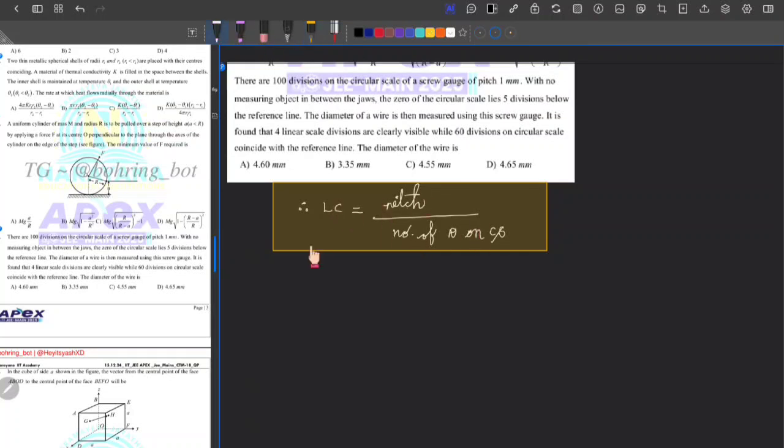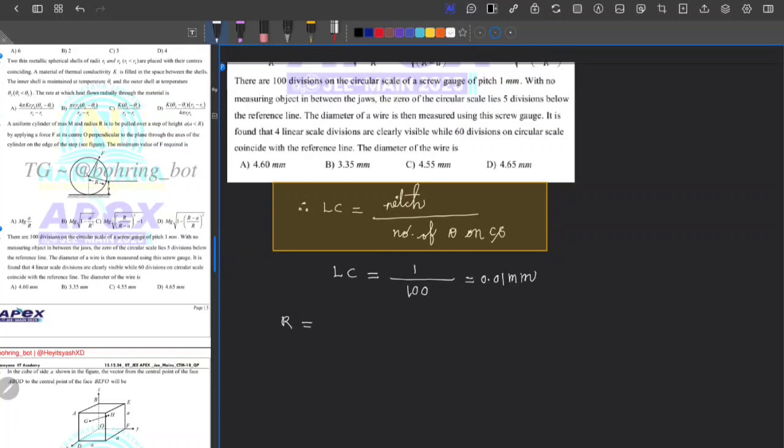Therefore let's calculate the least count first. Least count is equal to pitch, which is 1 mm, by the number of divisions on the circular scale, which is 100. That will be equal to 0.01 mm. That was the least count, right? Now we have to find out the reading.